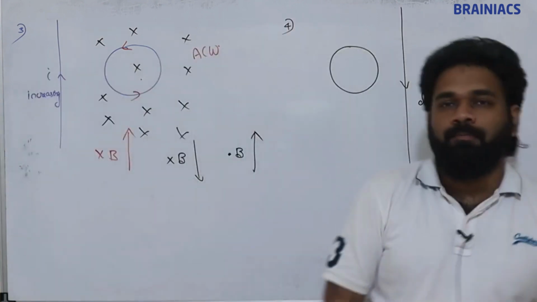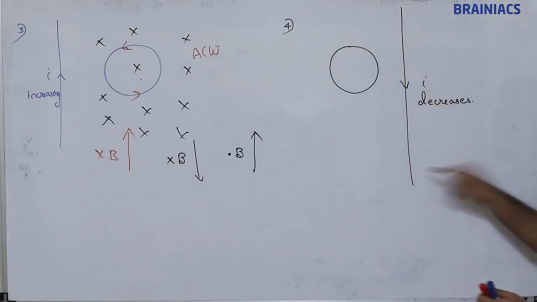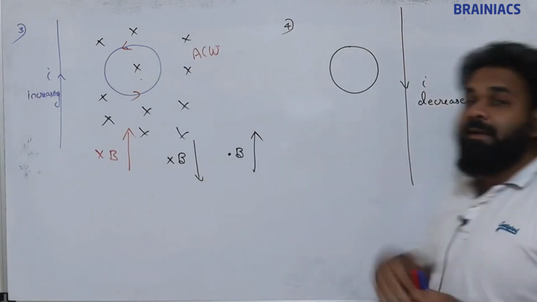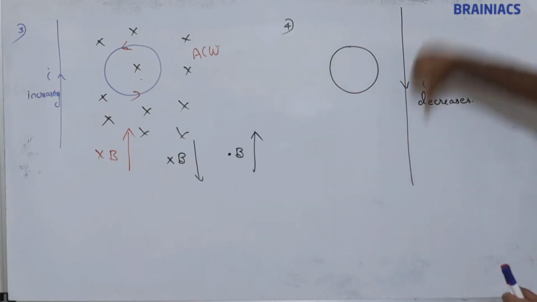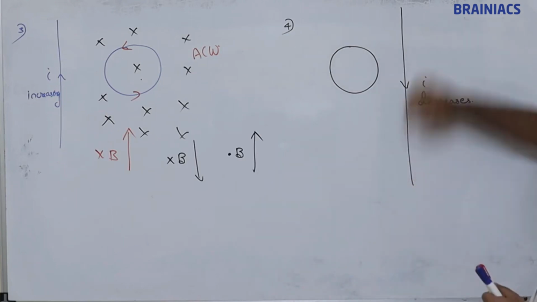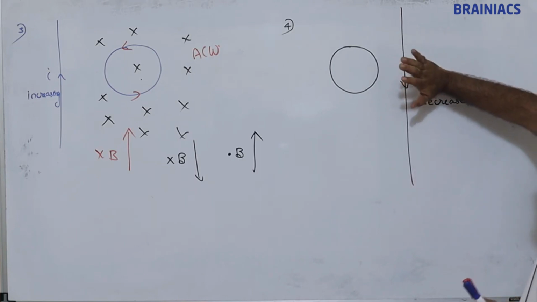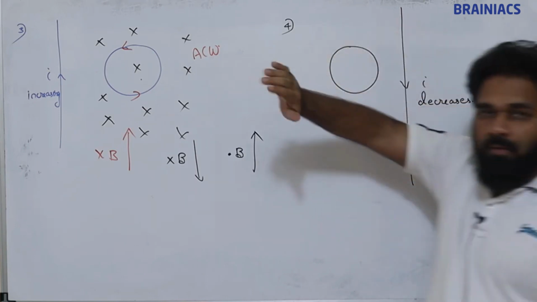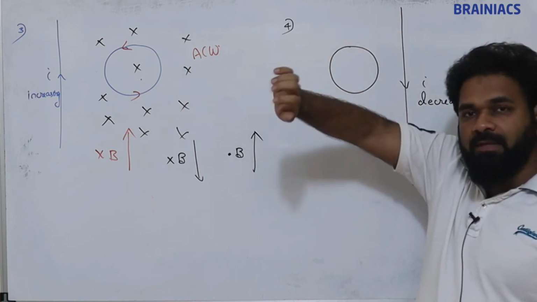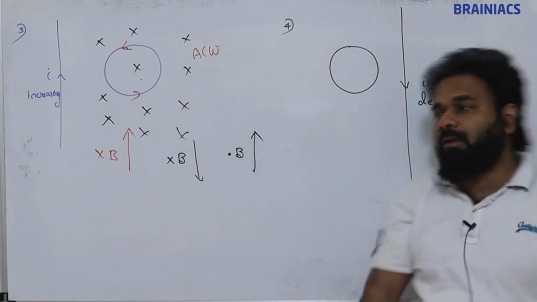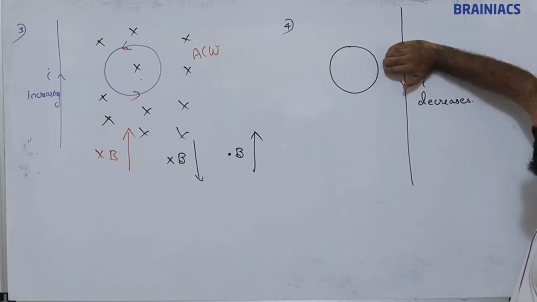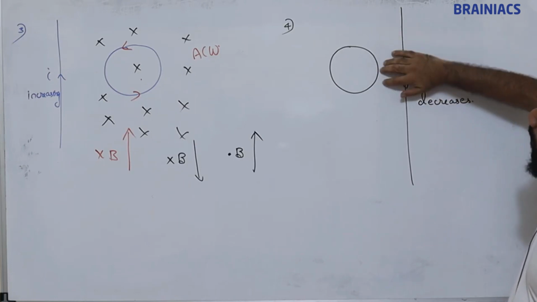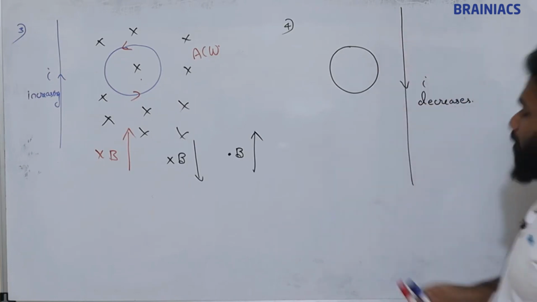So another question. Here the current is coming in this direction and the current is decreasing. By the right hand thumb rule, where the fingers are curling will be the direction of the magnetic field. So if the current is coming like this, the magnetic field through this board will be going inside.